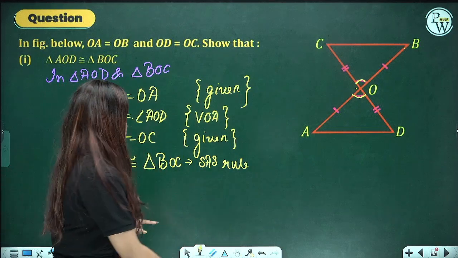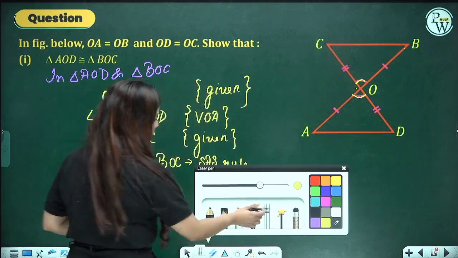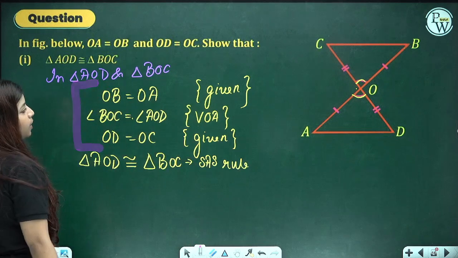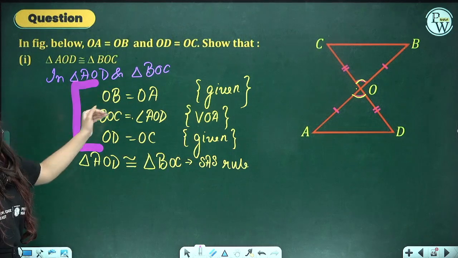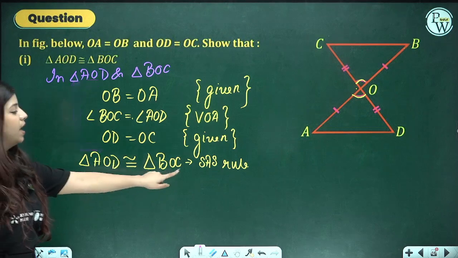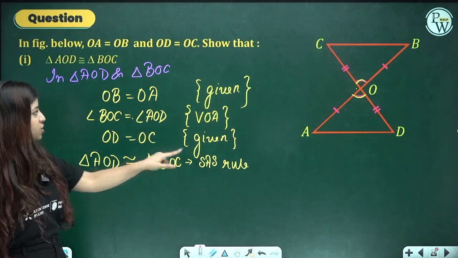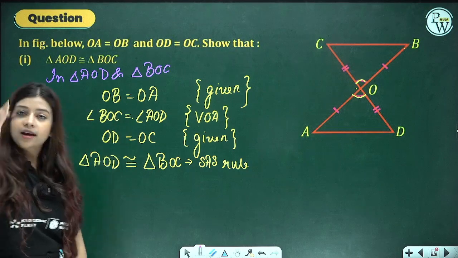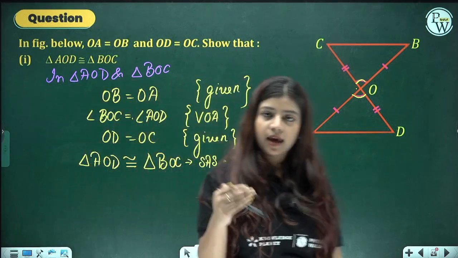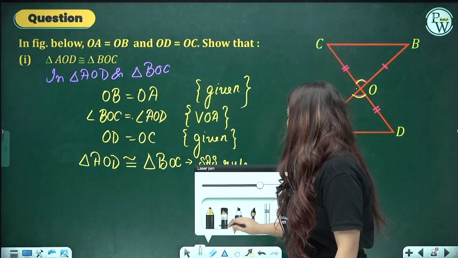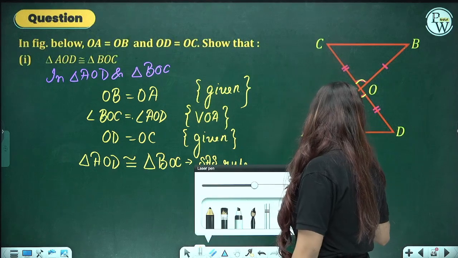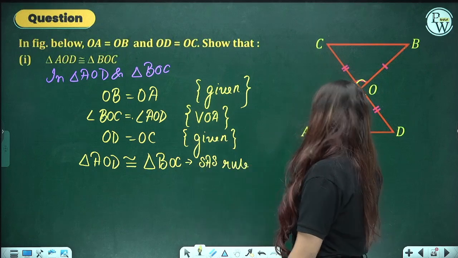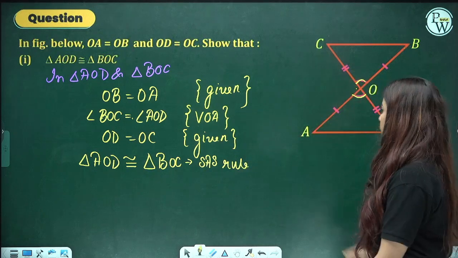So make sure that whenever you are writing congruent triangles, write them in the same order. I was using SAS, so I wrote it down as side, angle, side. SAS. I hope these things are clear with everyone. So this will be equal to SAS congruency.